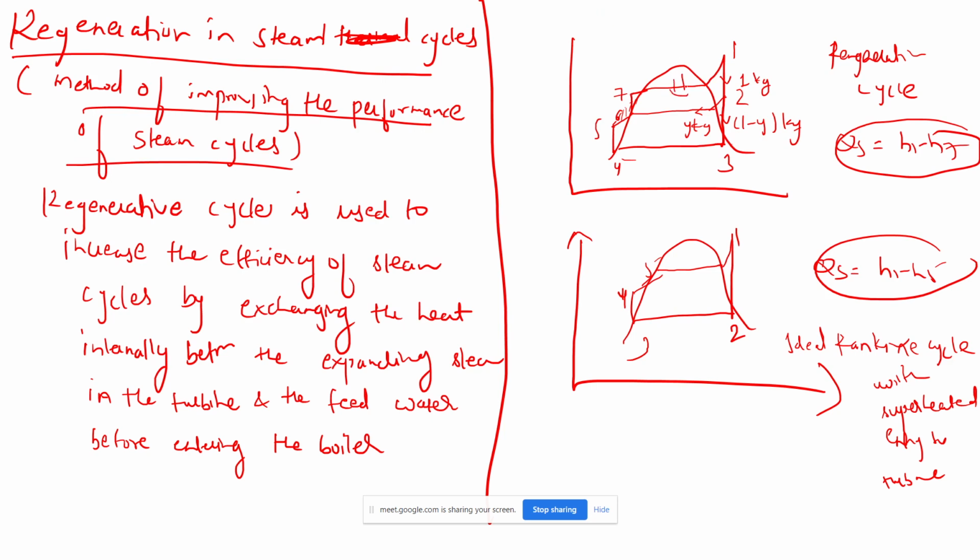So because QS is less in the regeneration cycle, what will happen to the efficiency of the cycle? Since it is low, efficiency will increase, it will improve.